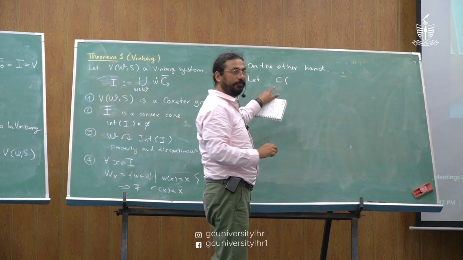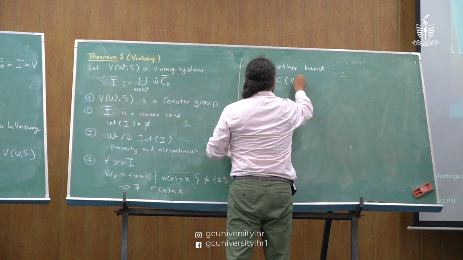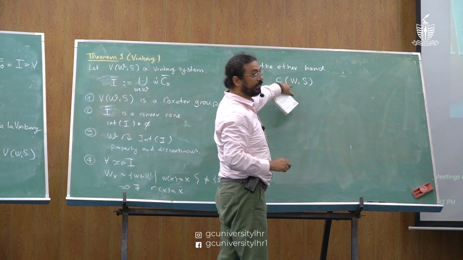So the combinatorial one, I will just write like this: C, the Coxeter WS. And also notice that the W is different.